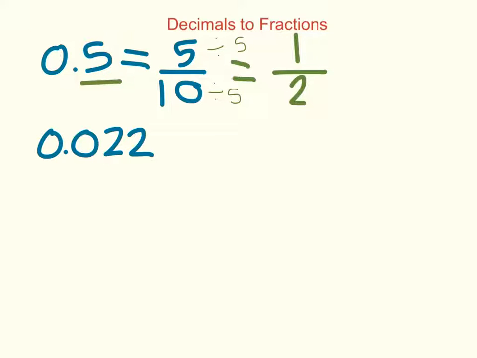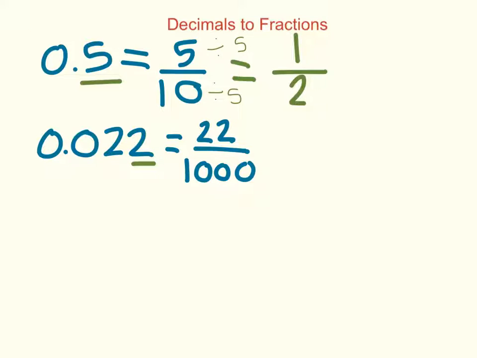0.022. We would read this as 0 and 22 thousandths because our 2 is in the thousandths place. From here we can write our fraction. We have 22 and it's in the thousandths place, so our denominator is going to be 1,000. Again, we notice that we can simplify this.